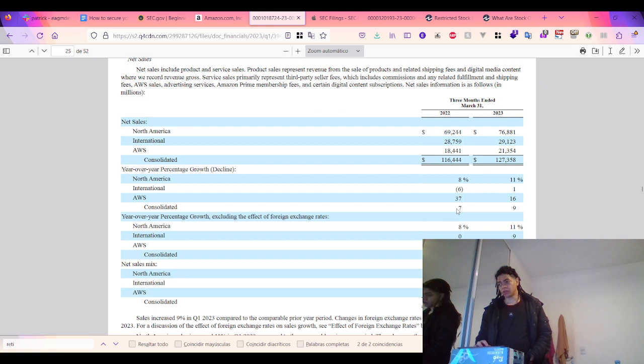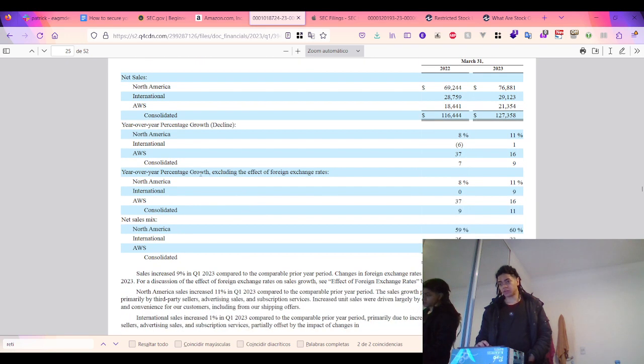And the consolidated is this. Year-over-year percentage growth excluding the effect of foreign exchange: North America, international, AWS, and the consolidated. And net sales mix: North America, international, and AWS.